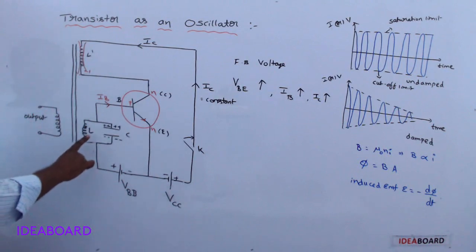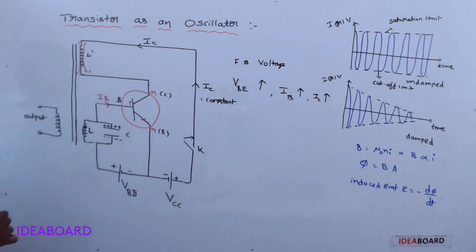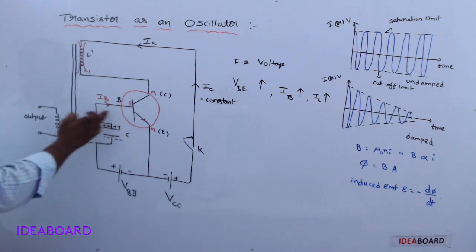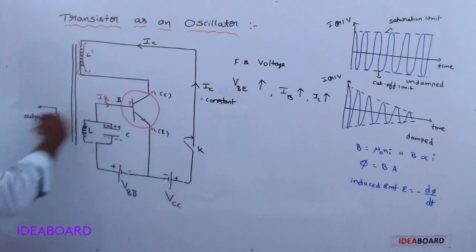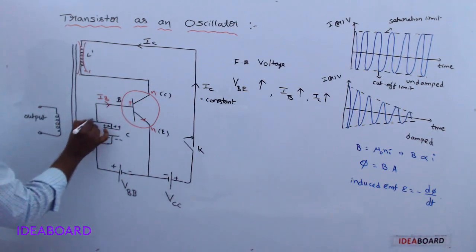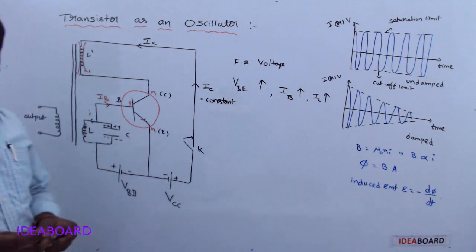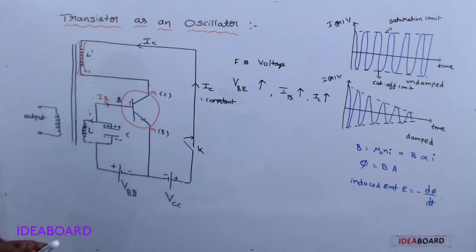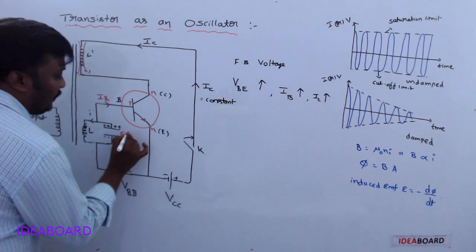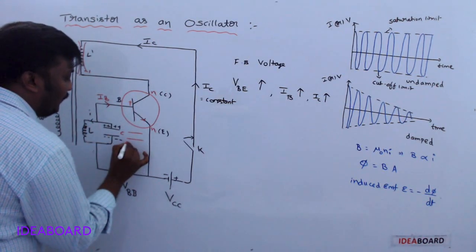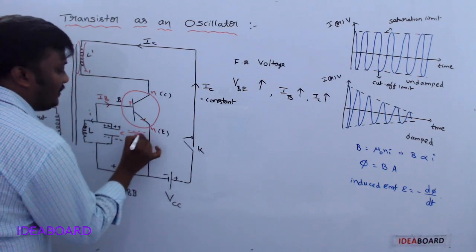Whenever the capacitor is completely charged, as we explained in the LC circuit, when it is connected to the L, the capacitor gives current through the inductor. So discharging of the capacitor takes place. Whenever discharge of the capacitor takes place, as we said in the LC circuit, the polarity of the plates is interchanged now.